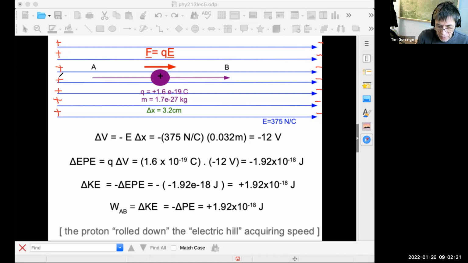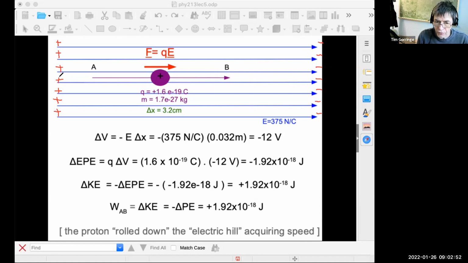So regarding the potential, as the proton moves from A to B, does the potential increase or does the potential decrease? Well, when the proton goes from A to B, it's moving away from the positive charges, which are a mountain or a hill of electrical potential. It's going towards the negative charges, which are a valley or a well of electrical potential.